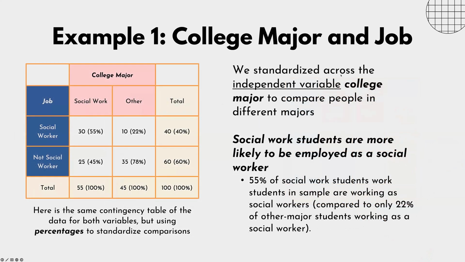Next, we can take this information and we can standardize across our independent variable of college major to compare the people in these different majors, right? So there are 45 people who didn't have a social work degree. 22% of them, so 10 out of 45, are working as social workers. 78% are not working as social workers.